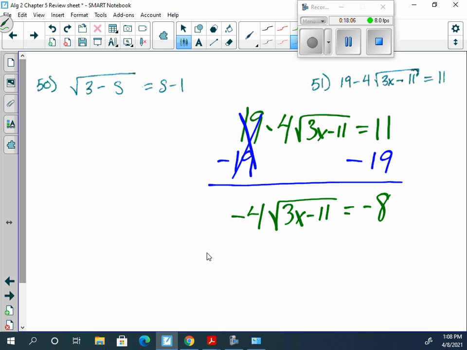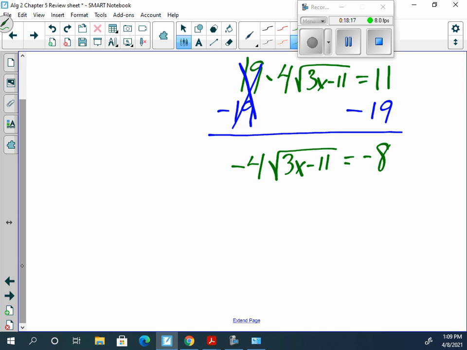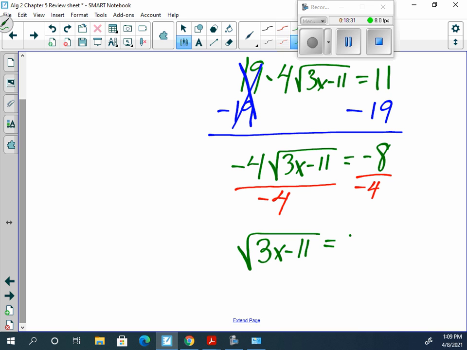Is the radical by itself? No. So what do we need to do to get the radical by itself? Well, not just 4. Divide by negative 4. And if we divide both sides by negative 4, we get the square root of 3x minus 11 is equal to positive 2.